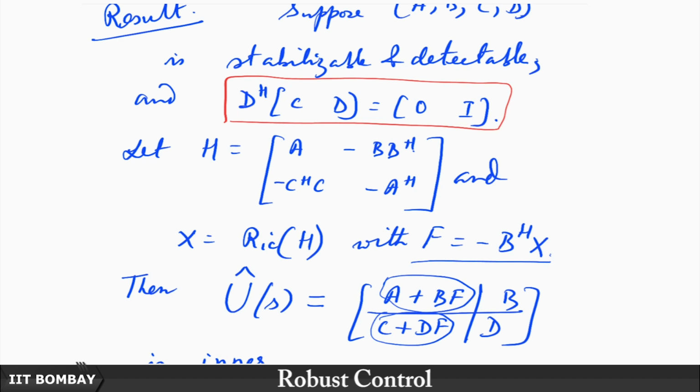Then corresponding to this you find the solution of the Riccati equation, let that solution be X. Then you define F, by definition, to be minus B Hermitian X. Okay. With that being our state feedback gain, if we cook up the new closed loop system A plus BF, B, C plus DF and D, then it will preserve the norm. Okay.